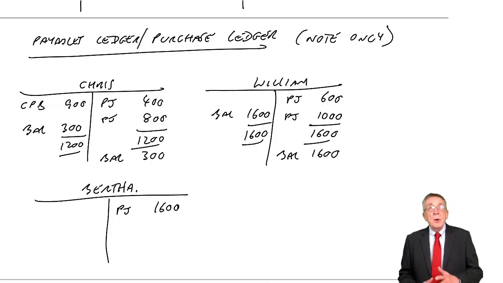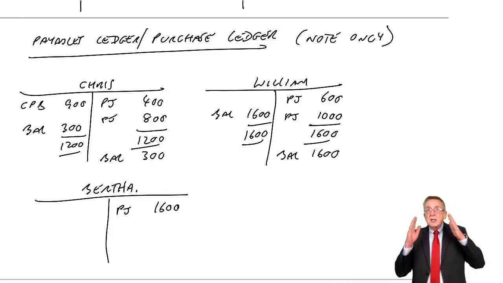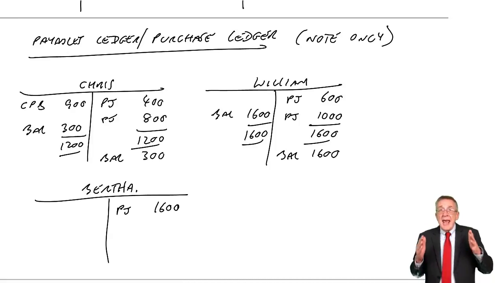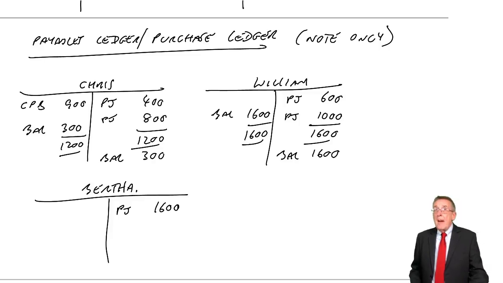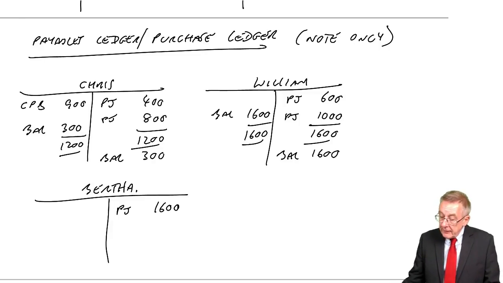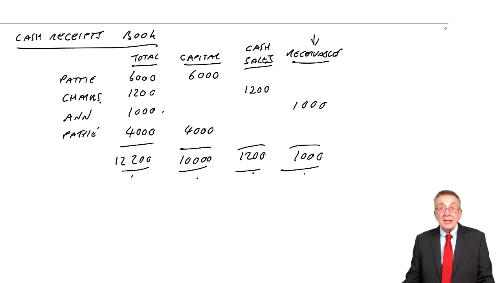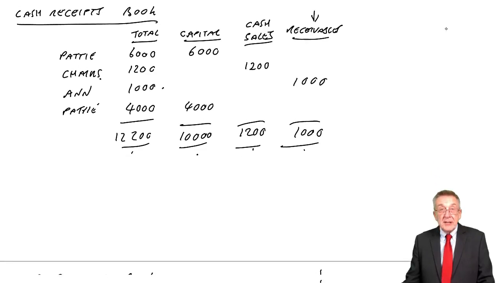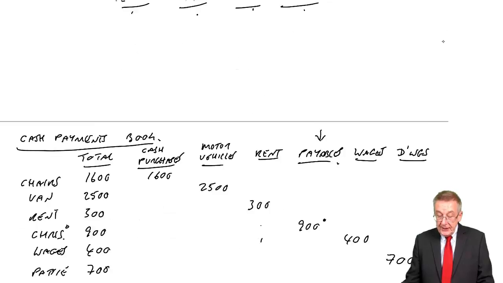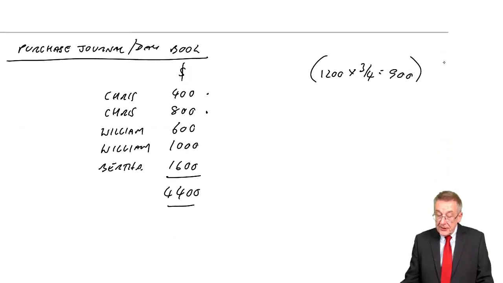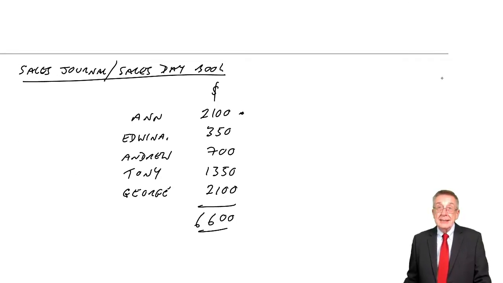So there we are. Remember where we are so far. We've done no double entry at all. No debits, no credits. But two things have happened. Firstly, we've had a record of every single transaction in one of these 4 books. Cash receipts, cash payments, purchases on credit, sales on credit.